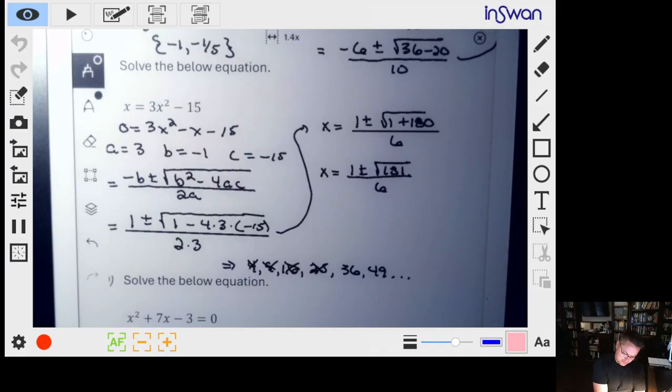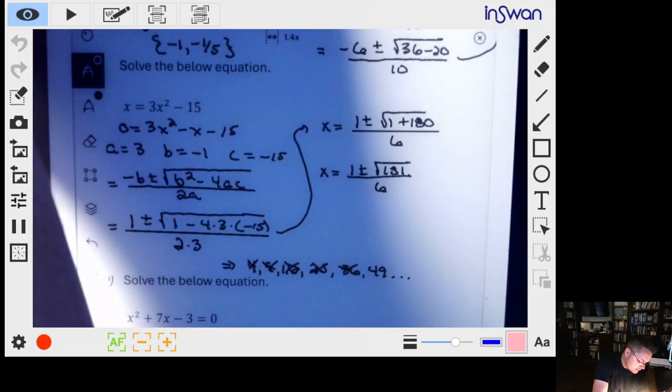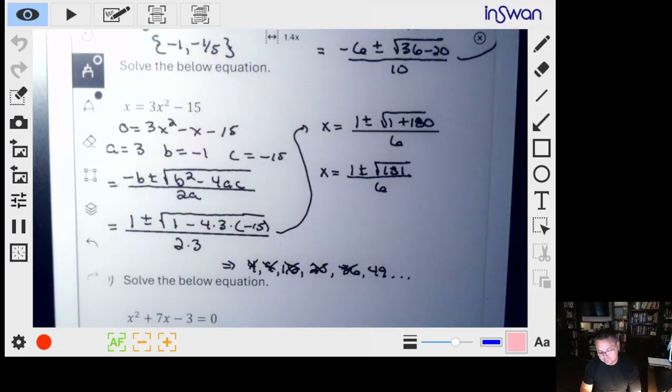36, no, because if it was 36, it would be divisible by 4. 49, I don't think so. And I think we don't have to go up any higher, because the square root of, let's see here, what's a nice one near there? Well, the square root of 225 is 15, so I don't have to go up any higher than 15. I guess I went higher than what I needed to here.